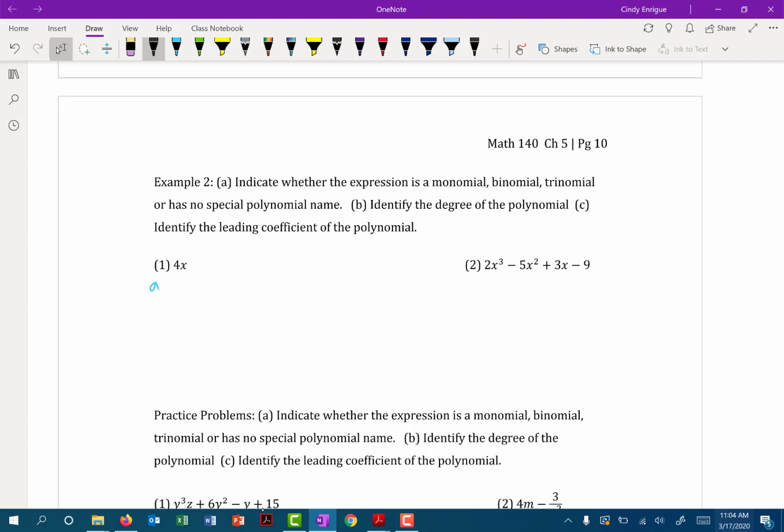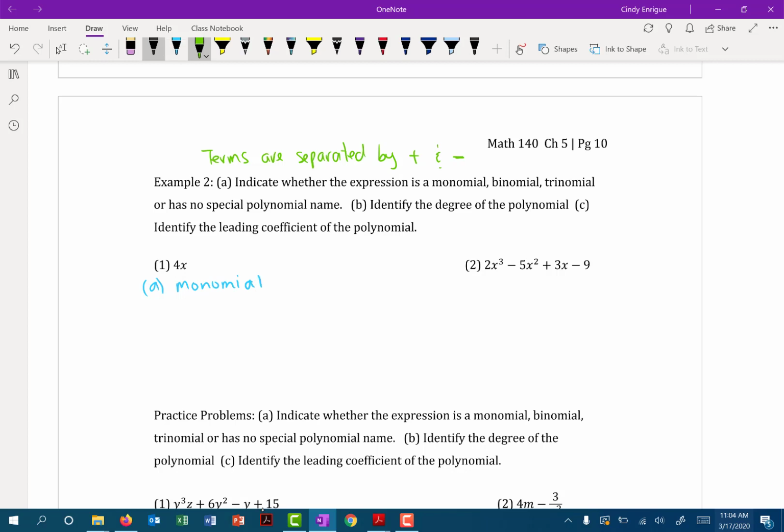So part A. I know that this is a monomial because there's one term, and terms are separated by addition and subtraction. Since there's no addition or subtraction in number 1, I know it's one term, therefore it's a monomial.